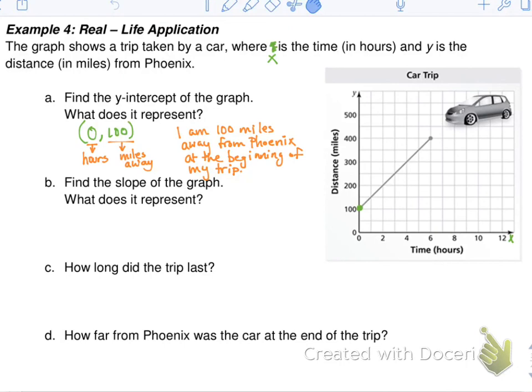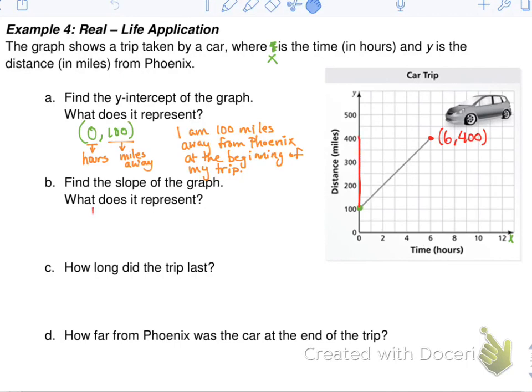Okay, now for the slope. It says, find the slope of the graph, what does it represent? Now, I actually have 2 points here. If I go from that 100 to this point, which is 6, 400, how many spaces do I move up? So if you think about it, I'm moving up 100, 200, 300.